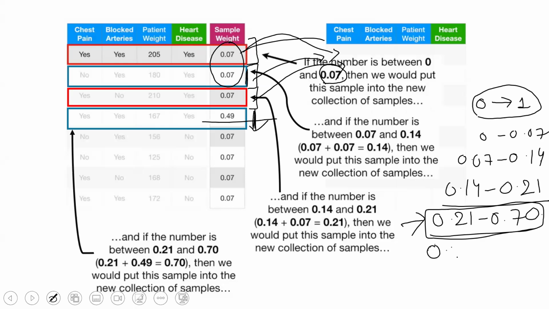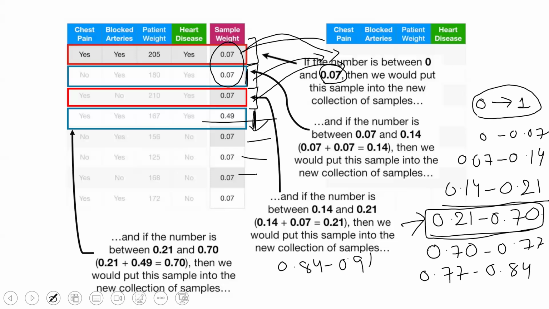So again, this goes 0.70 to 0.77 for this, 0.77 to 0.84 for this, 0.84 to 0.91 for this, and so on, somewhere like 1.